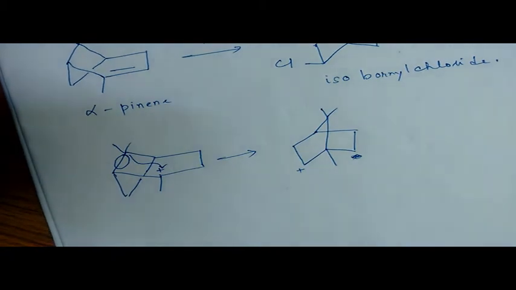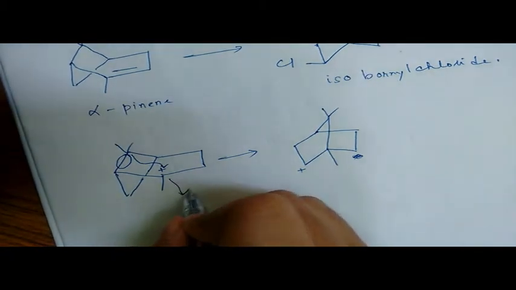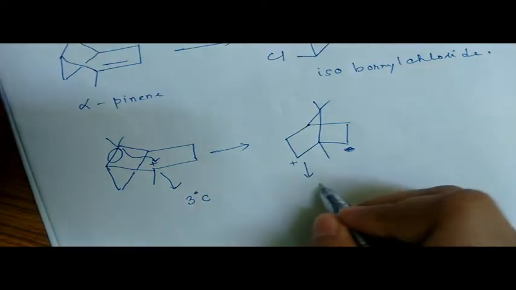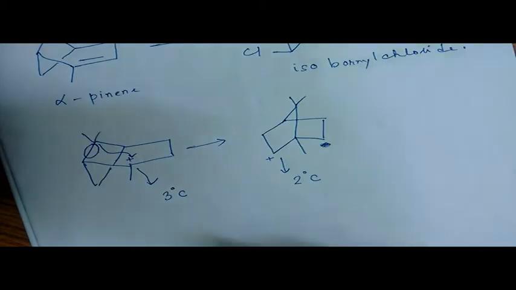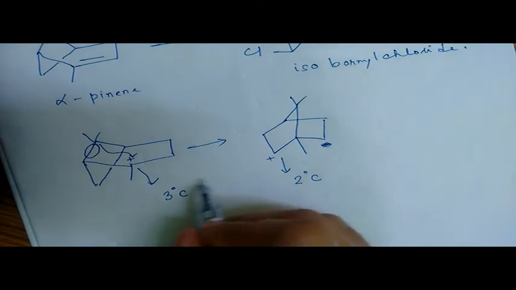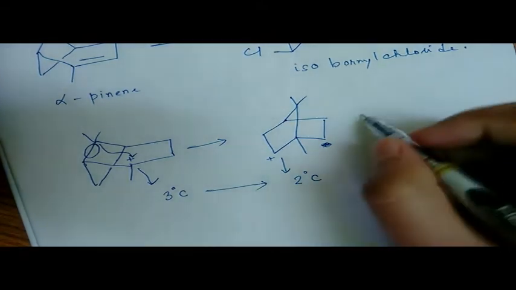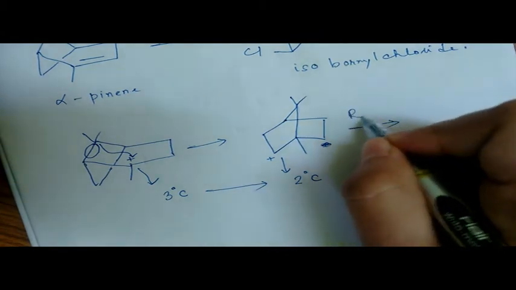It may arise in your mind that this carbocation was a 3 degree carbocation and this is a 2 degree carbocation. So why is this molecule getting rearranged from a 3 degree carbocation to a 2 degree carbocation? The reason is ring strain.